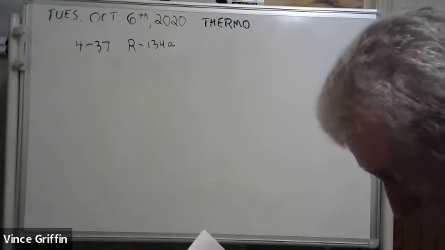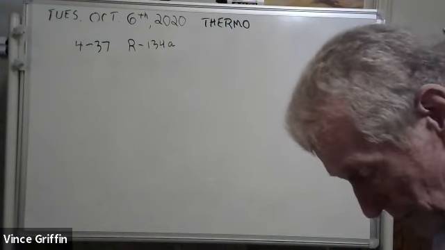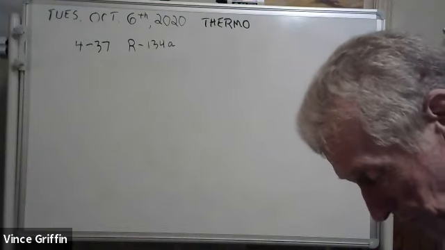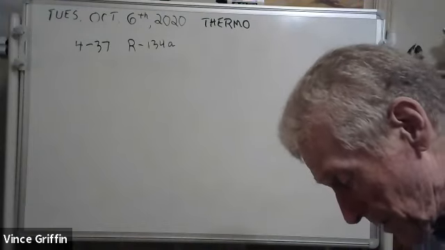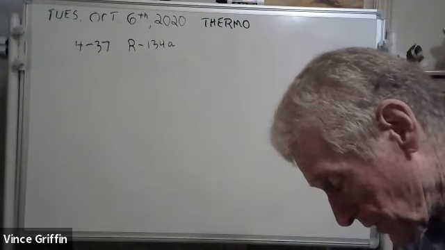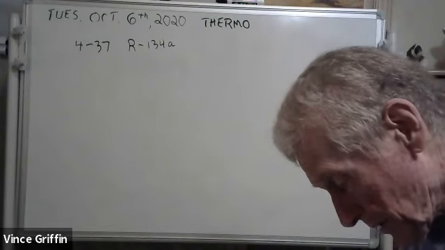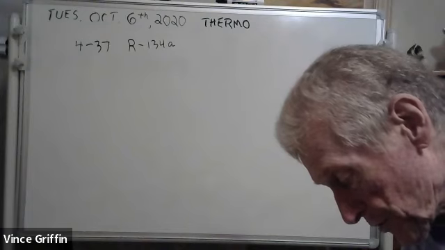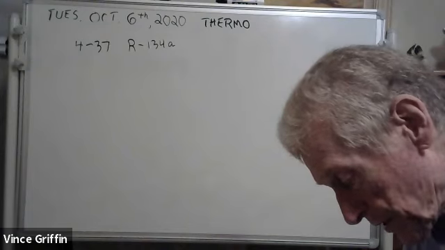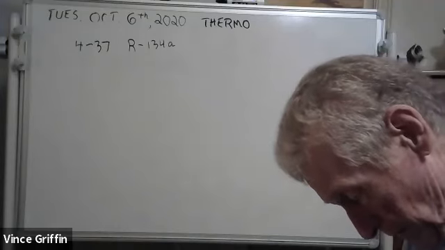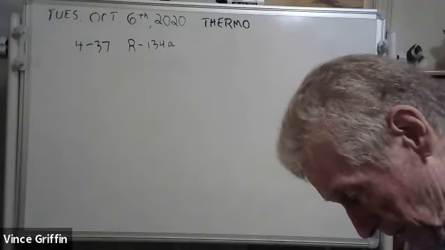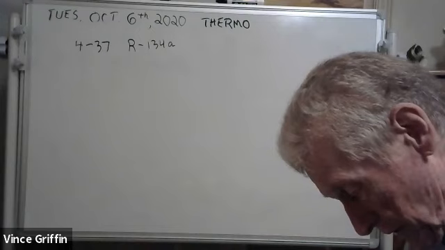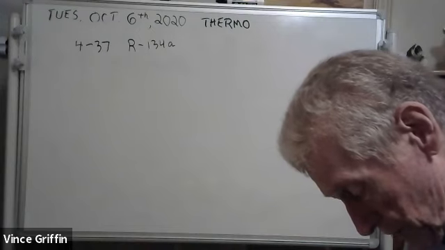Okay, let me find it. 437, there it is. A compressor brings R134A from 150 kilopascals to 1200 kilopascals. It's water cooled, heat loss estimated.